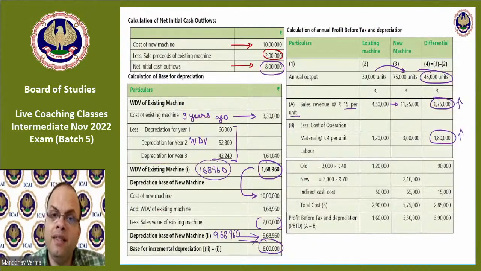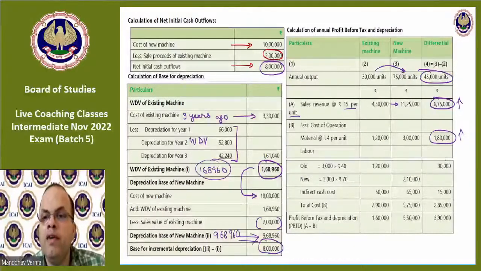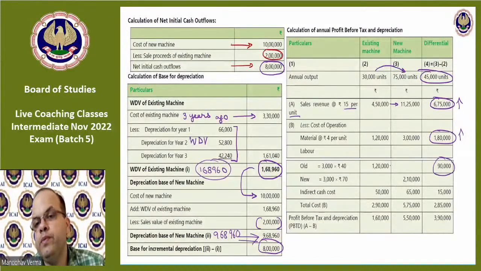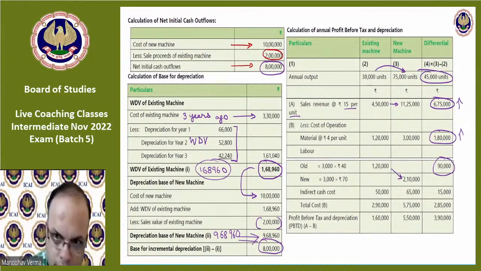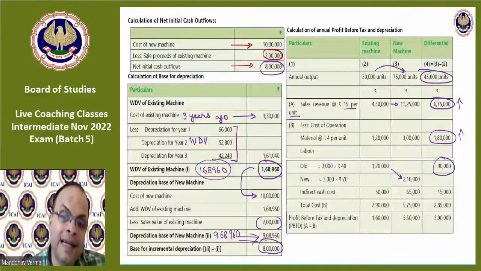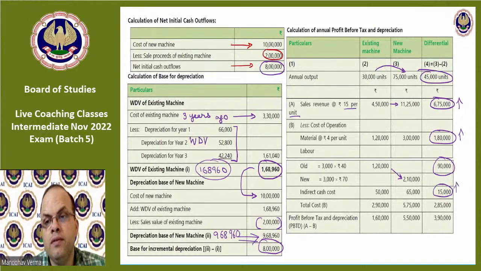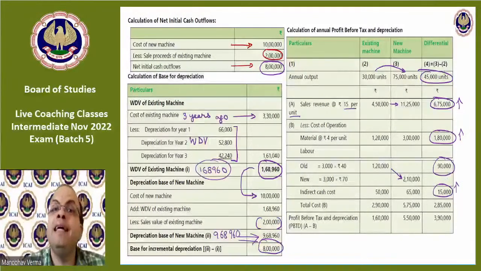So basically, there is an additional cost of labor of 90,000 here. 2,10,000 from 1,20,000. Indirect cash cost increased from 50 to 65, so an additional 15 here. So we are purely going with the incremental concept.